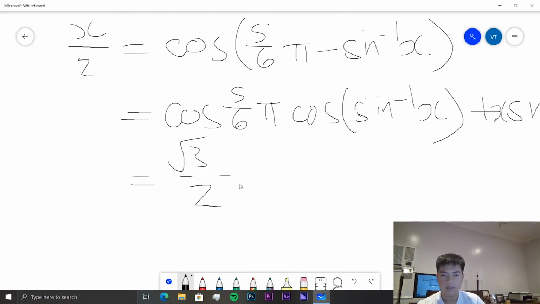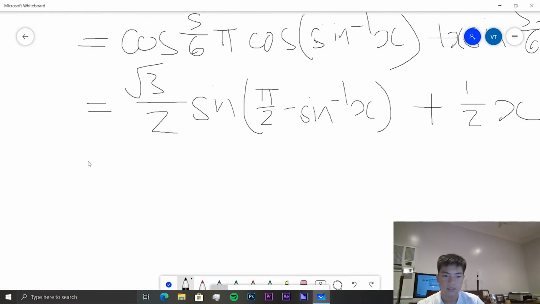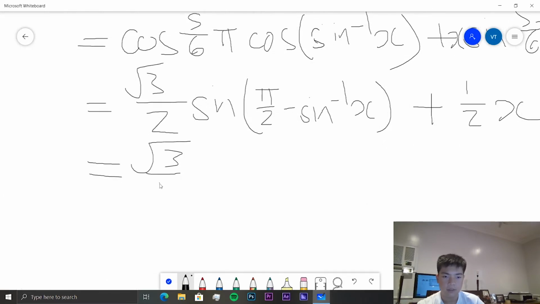And then we can turn this into sine pi over 2 minus sine to the negative 1 x, plus 1/2 x. So this is equal to root 3 over 2 sine pi over 2 x. So x sine pi over 2.